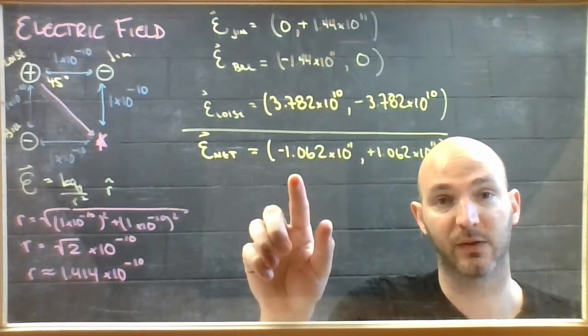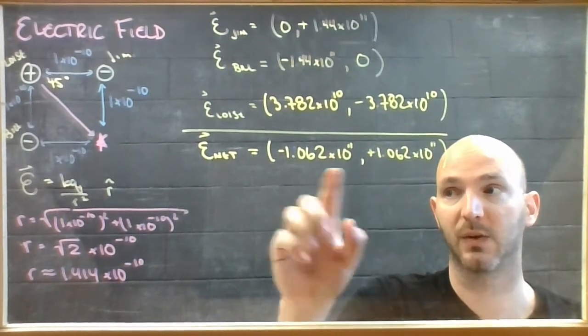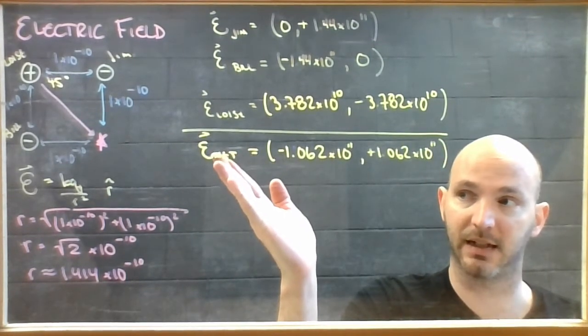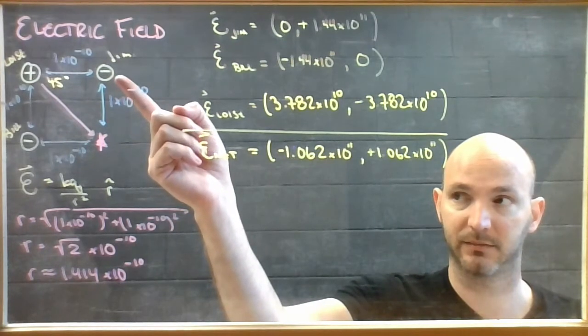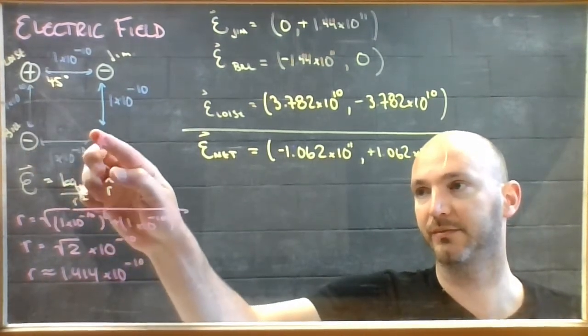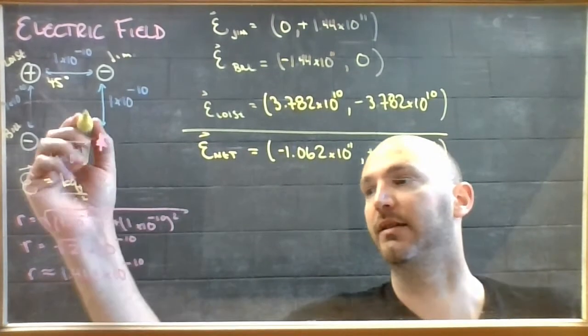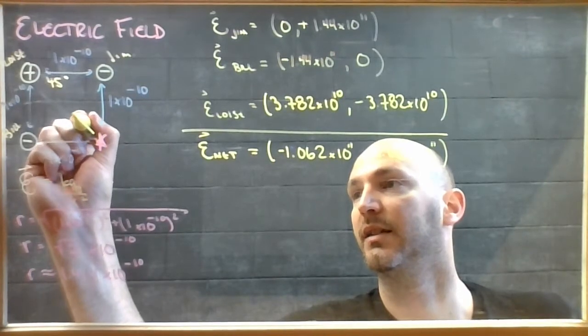I have a net electric field that is headed to the left and headed up. So the net electric field is going to be headed that way. So if I were to erase this pink line then, my E net is pointed that way.